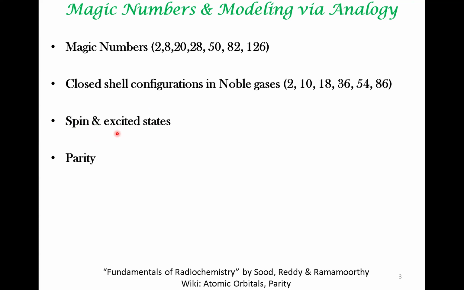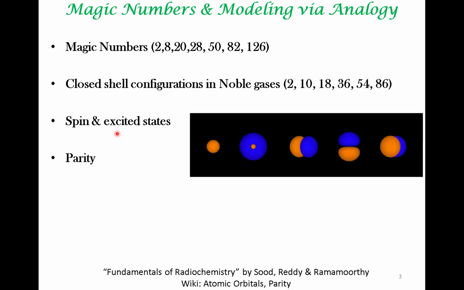Parity may appear slightly more complicated, but you are aware of parity from your high school. For example, if you look at the atomic orbitals, there is the s orbital and 2s orbital, p orbital, and so on. What do we mean by parity? Certain wave functions have certain symmetry. For example, if this is the z-axis, if you go from minus z to plus z, the sign of the wave function becomes negative.